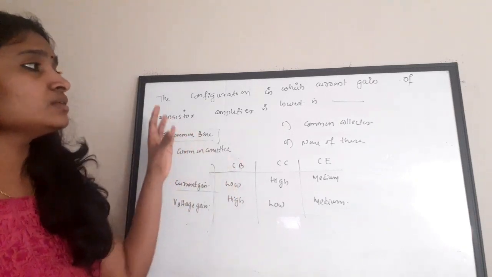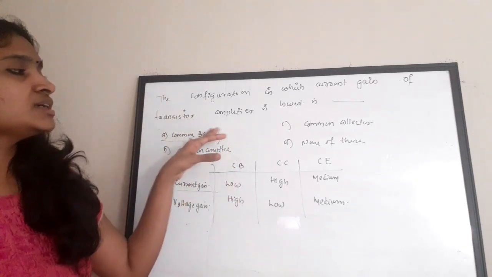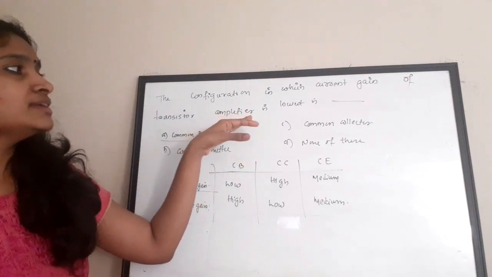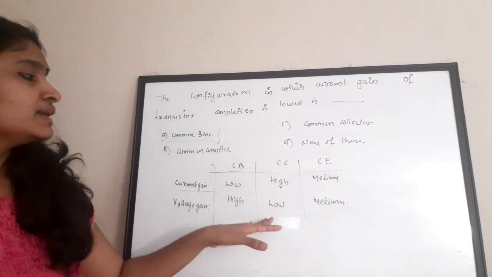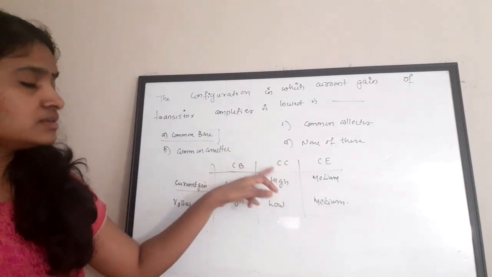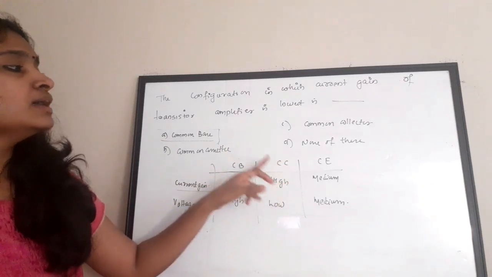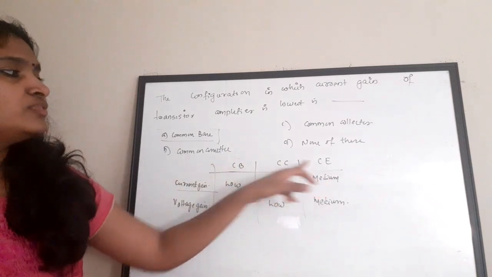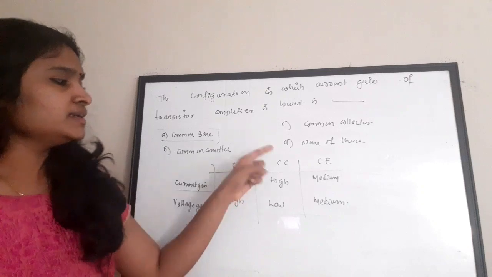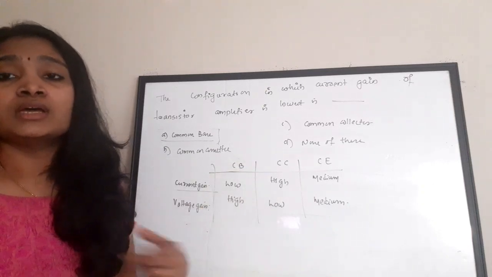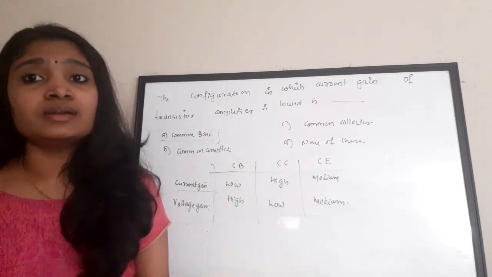Sometimes they may also ask for which the voltage gain is lowest or less than unity. In some question papers, I have seen questions asking which of these transistor configurations has a voltage gain lesser than 1 or very low. It is common collector. So you can expect these types of questions in your examination.